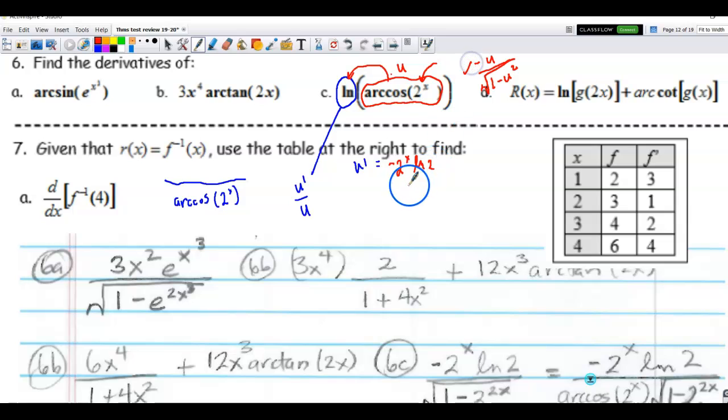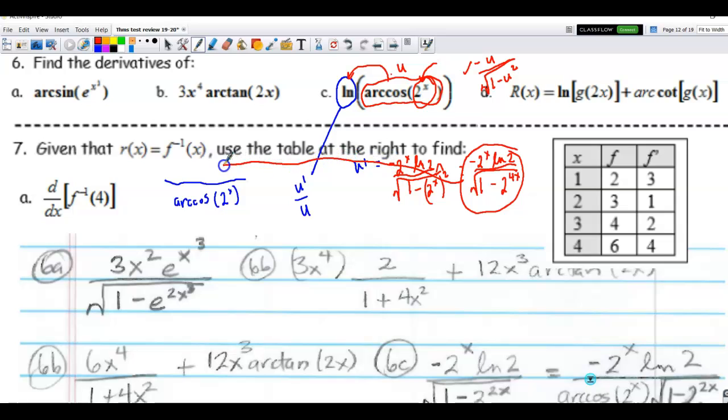That takes care of the u prime over the square root of 1 minus, this is my u for this part, u squared, so that's 2 to the x squared. Now that can be rewritten a little bit as negative 2 to the x ln of 2 over the square root of 1 minus, remember we talked about that power to power, you can multiply the powers, 2 to the 4x. So all of that goes into the numerator here.